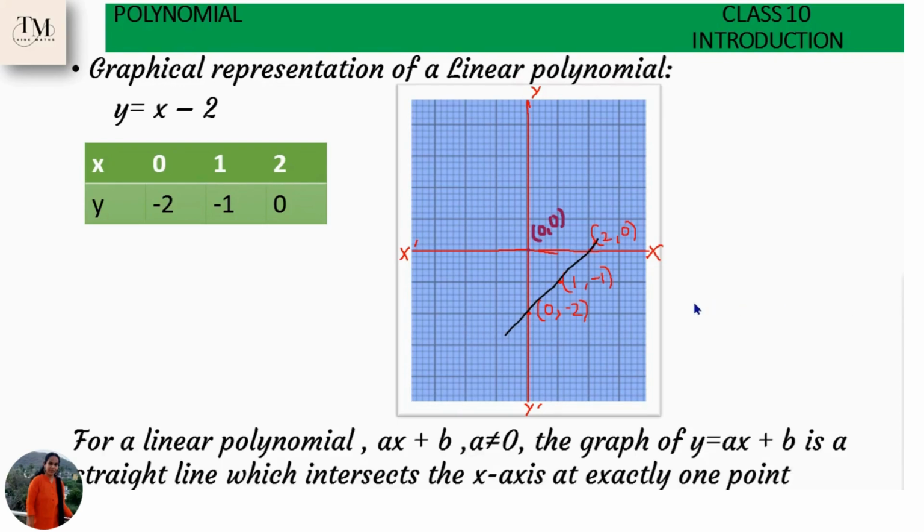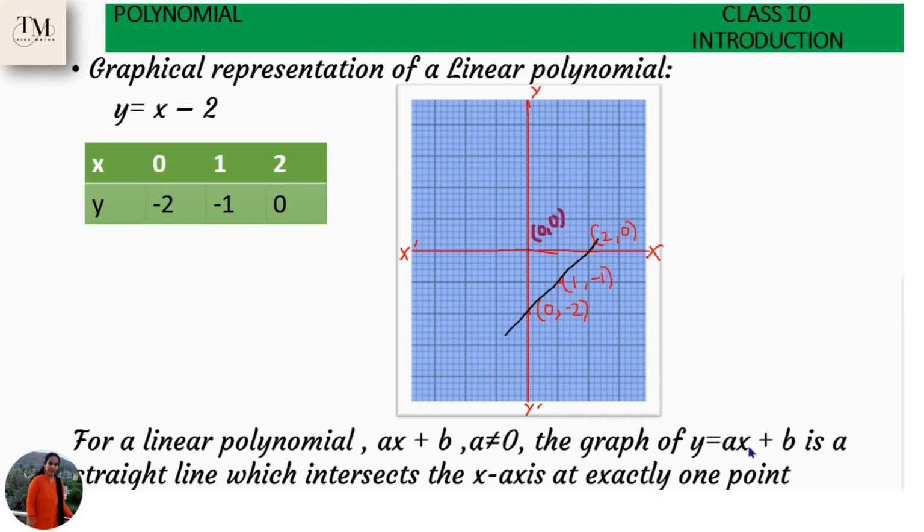When the polynomial is linear, we can say that the graph represents a straight line. For a linear polynomial ax plus b, where a is not equal to 0, the graph of y is equal to ax plus b is a straight line.